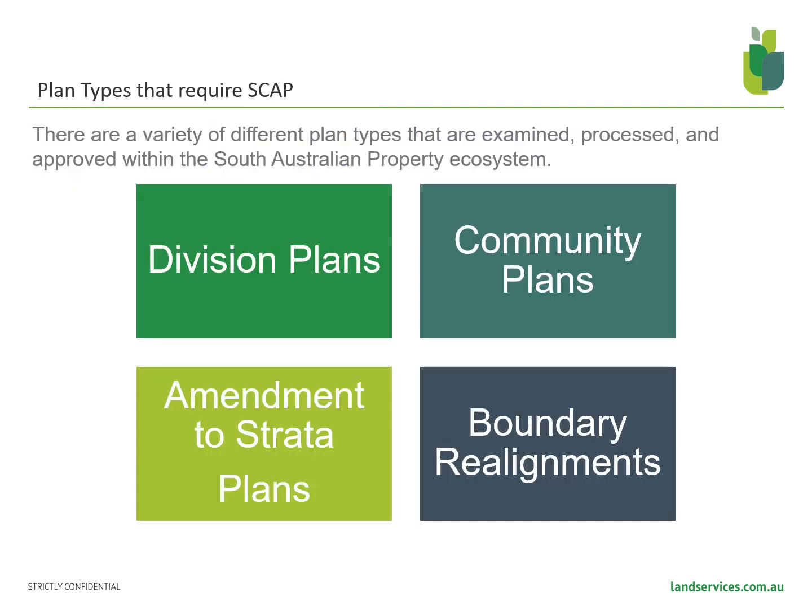There are a variety of different types of plans that require SCAP consents, such as community plans, strata plans, Torrens divisions, boundary realignments. Division plans can be used to change the legal boundary for land parcels. This can create new titles, subdivide property for redevelopment, or move a boundary between existing parcels.